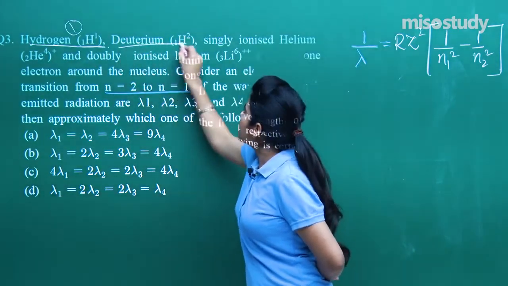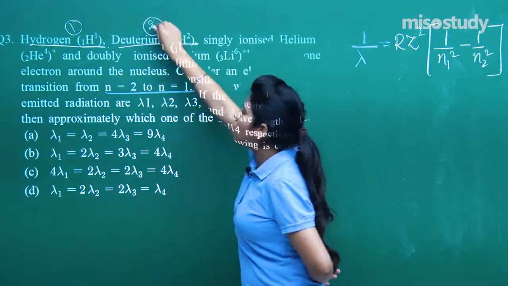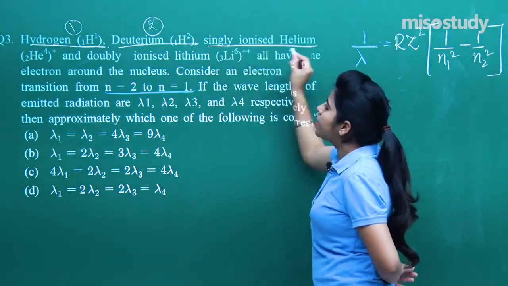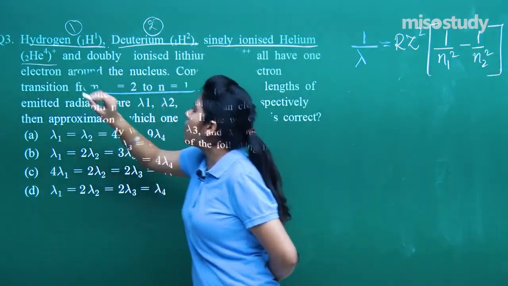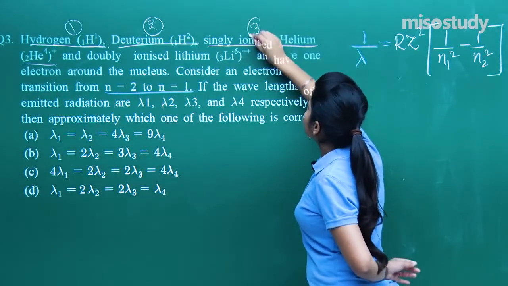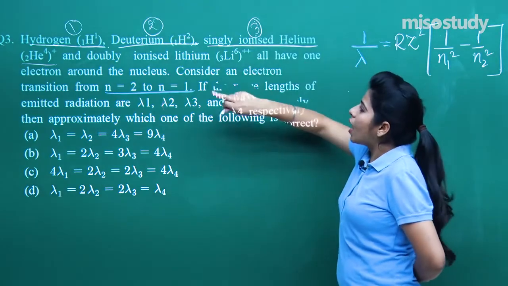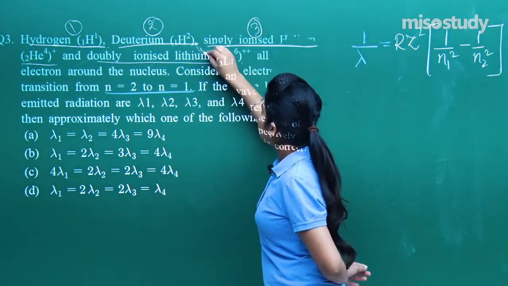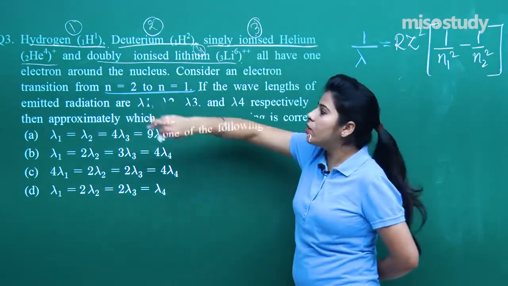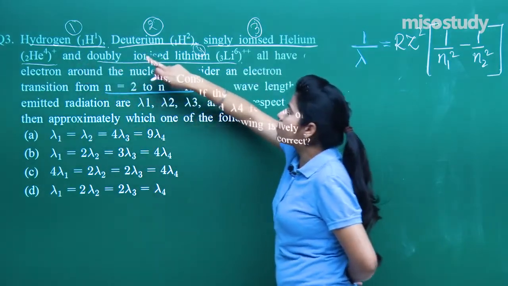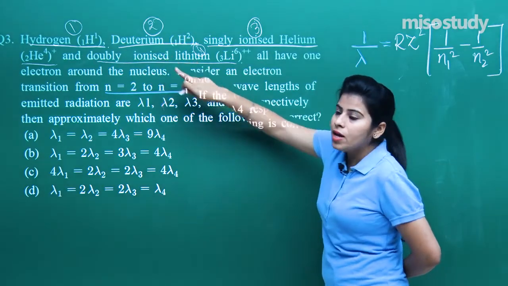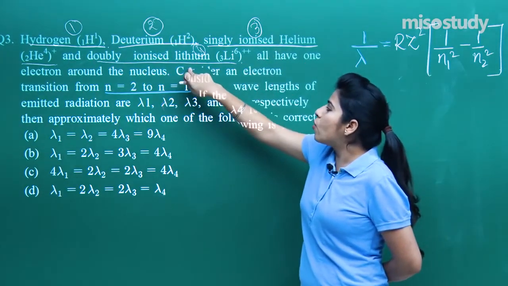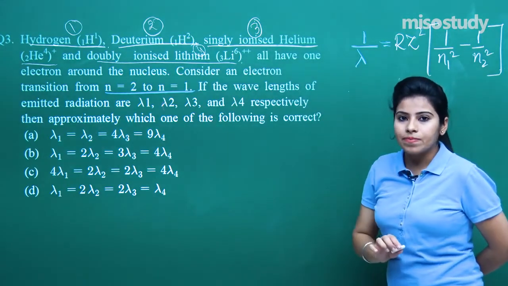Deuterium is number 2. Singly ionized helium, 2He4 plus, is number 3. And doubly ionized lithium is number 4. So lambda 1 is for hydrogen, lambda 2 for deuterium, lambda 3 for the ionized helium, and lambda 4 for the lithium.